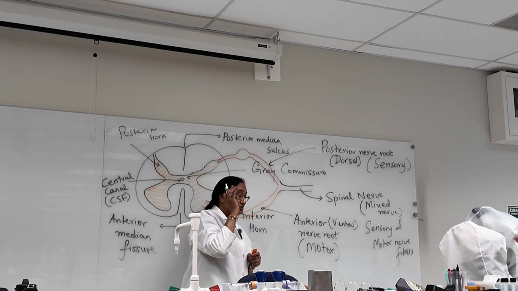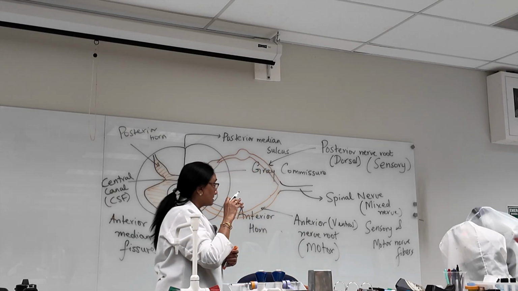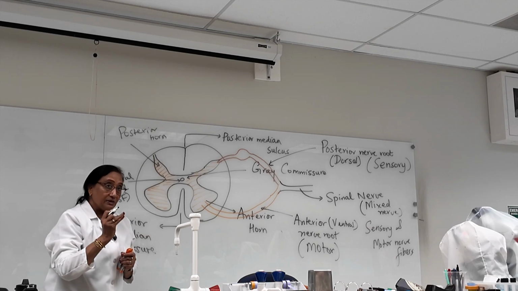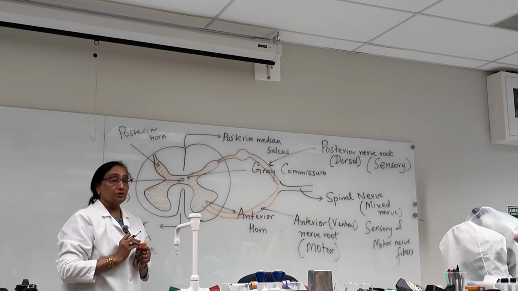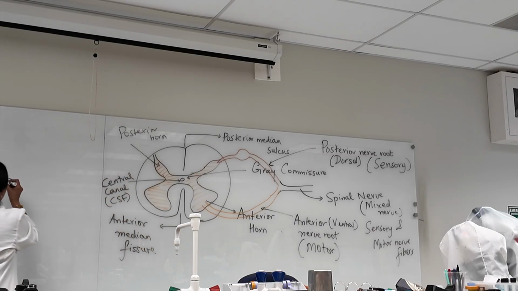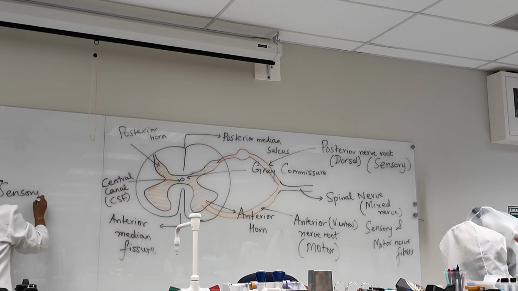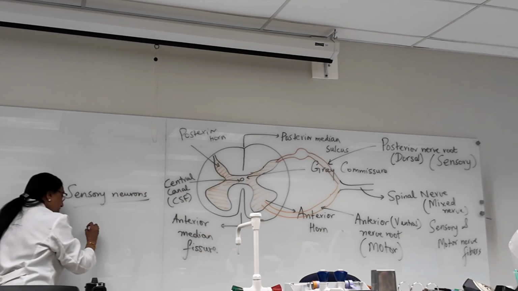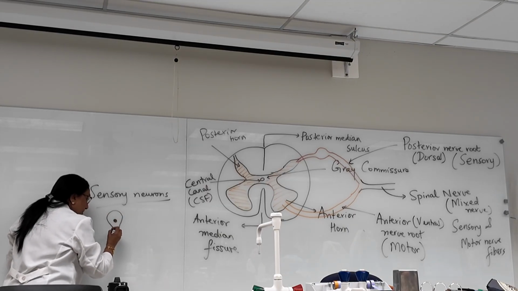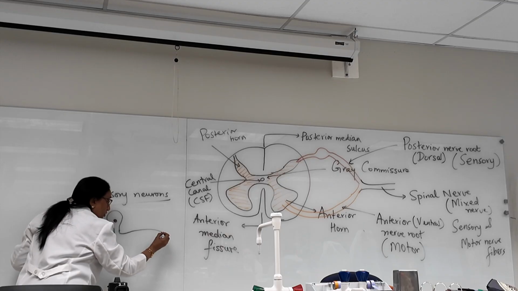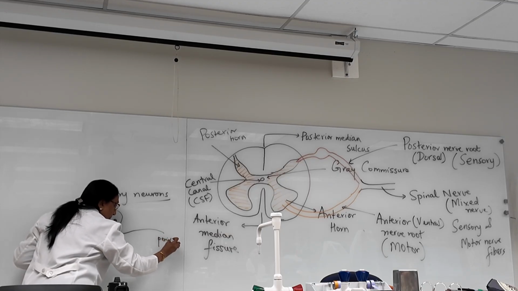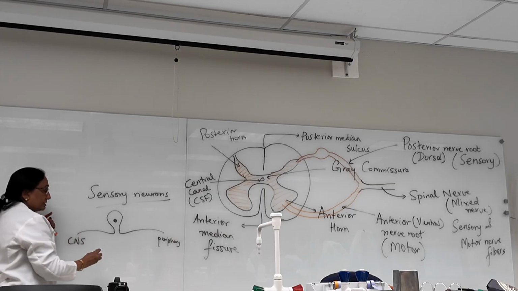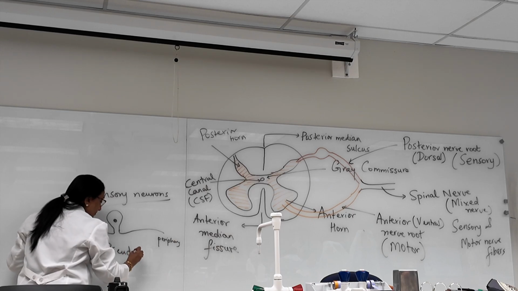Now, if you remember the lecture from the previous classes when we talked about the types of neurons, unipolar neuron, multipolar neuron, bipolar neuron. Sensory neurons are always unipolar. Sensory neurons which form the sensory nerves are always like this. One branch will go to the periphery and one branch will go towards the CNS. This is a pseudo unipolar neuron.